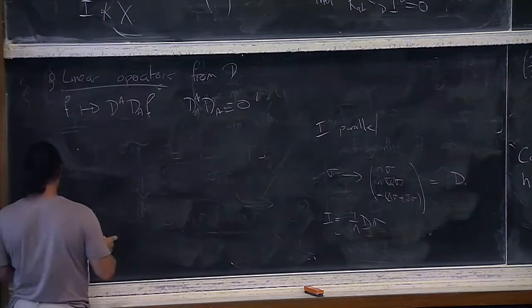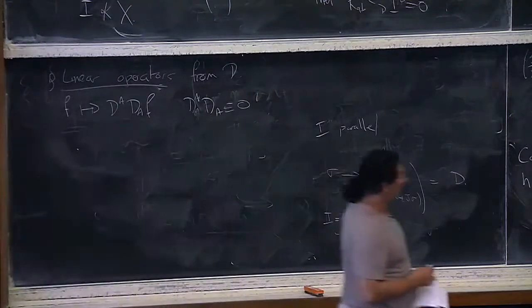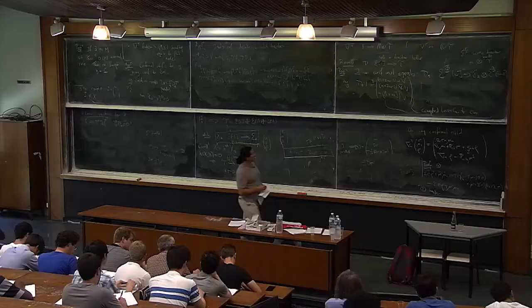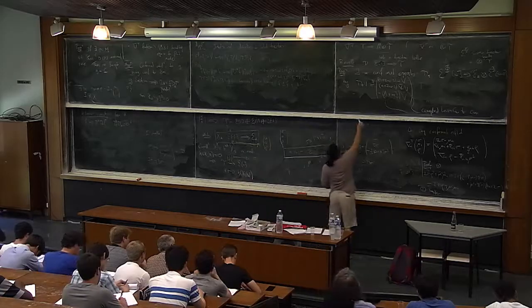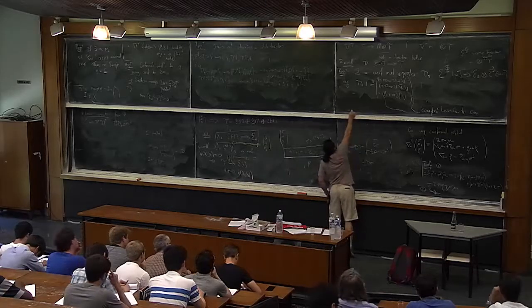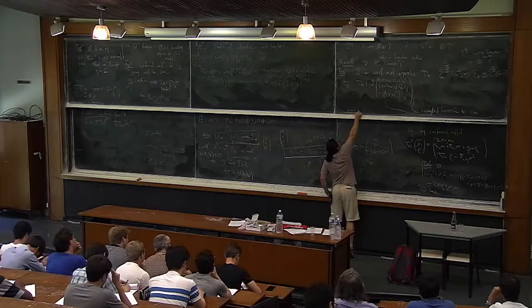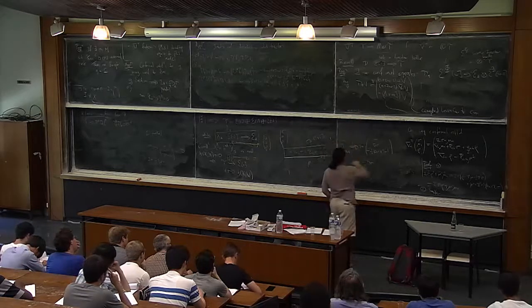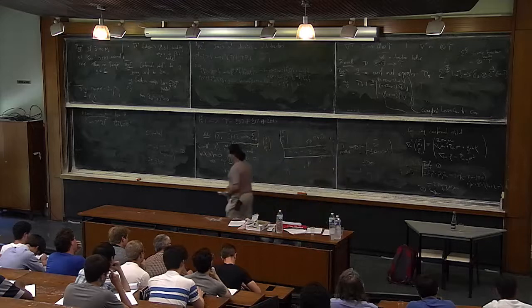But on the other hand, let's go back to our formula for D. Notice what happens up here if w is equal to 1 minus n on 2. Then n plus 2w minus 2 is 0.